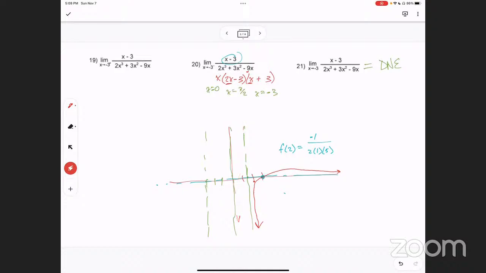How do I know it's not going to cross? What would I have if this crossed? It would be an x-intercept, right? I would have another x-intercept. So I know that's not going to happen.